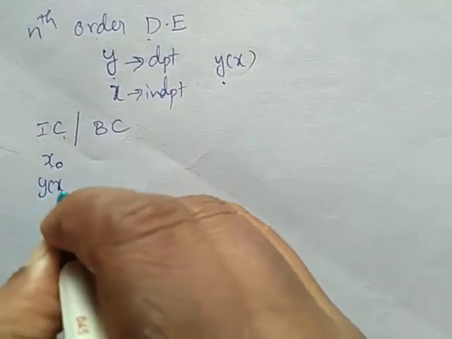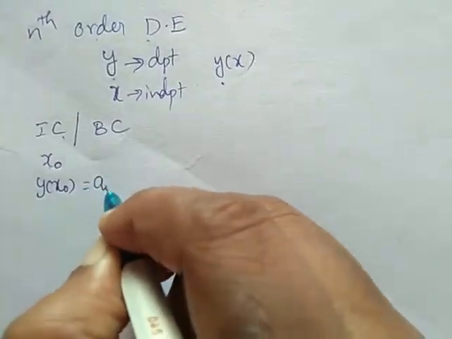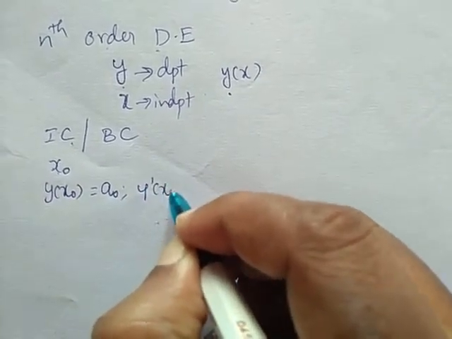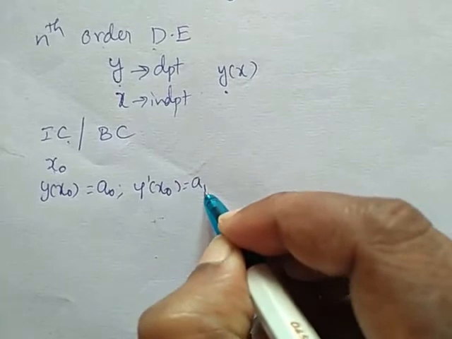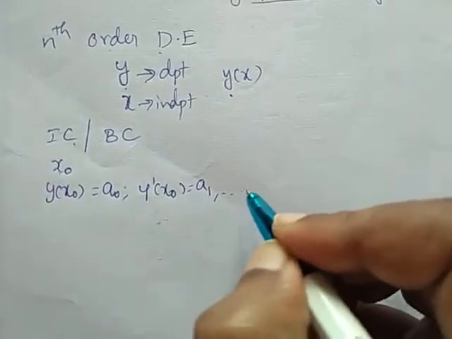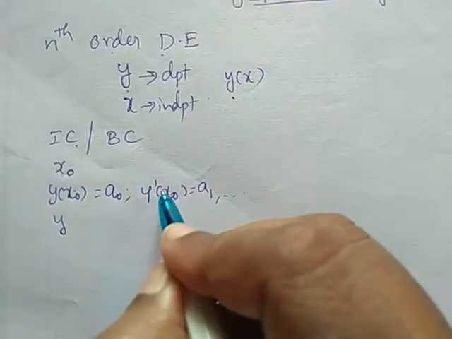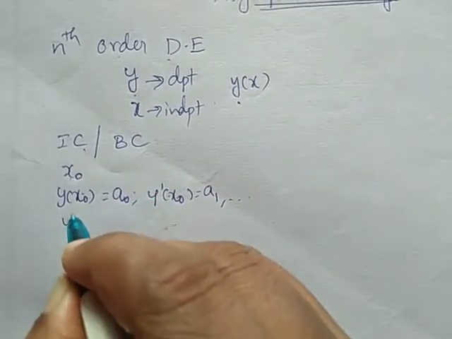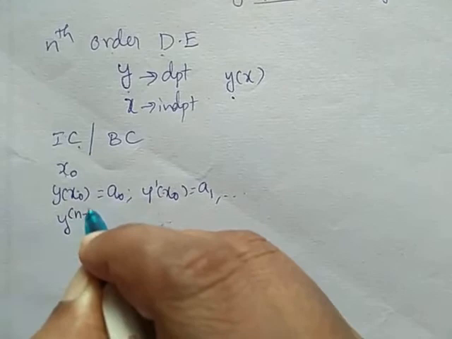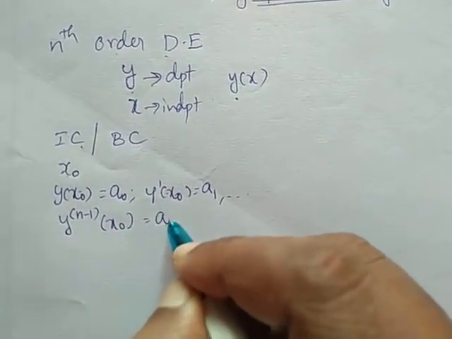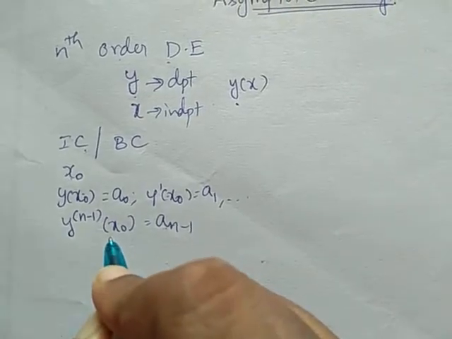So y of x0 is some constant, I'll take it as a0. y dash of x0 is some other constant a1, and this is our first condition, second condition, etc. The (n minus 1)th derivative of y at x0 is an minus 1. This is our nth condition.